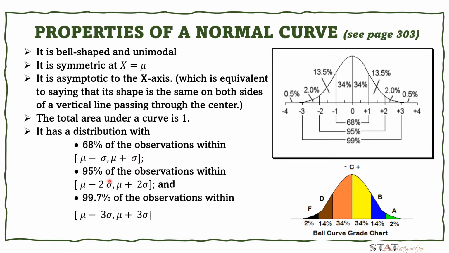And 95% of the observations fall within 2 standard deviations or in the range of mu minus 2 standard deviations until mu plus 2 multiplied to your standard deviation. And then 99.7% of the observations fall within the range of mu minus 3 multiplied to your standard deviation and mu plus 3 multiplied to your standard deviation.